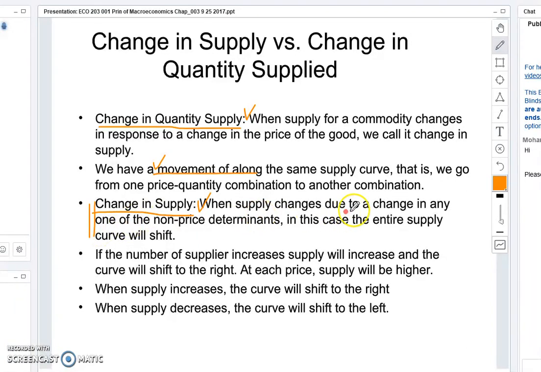So when supply changes due to a change in any one of the non-price determinants, like cost of production, technology, or number of producers, the entire supply curve will shift. When supply increases, the curve will shift to the right, and when supply decreases, the curve will shift to the left, right?